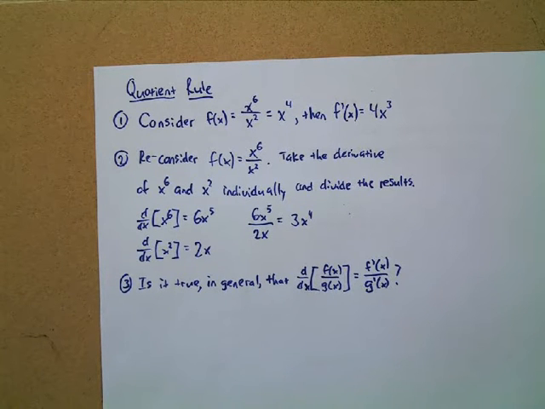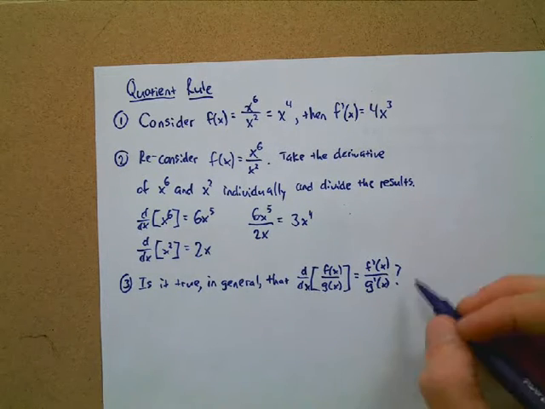Based on these results from 1 and 2, is it true in general that the derivative of f divided by g is the same thing as just saying f prime over g prime? Do we get the same results? No. No. Okay, it is not so.